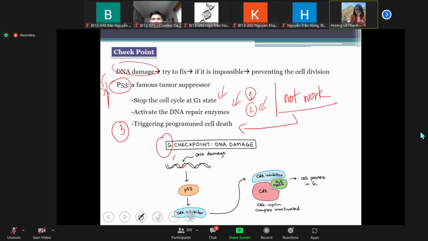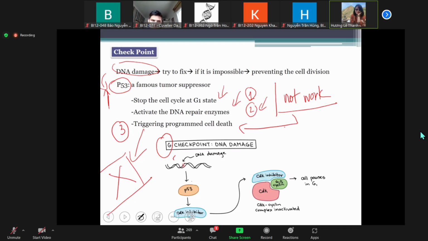This means the cell containing the DNA damage no more exists. They will die. The cell with the damaged DNA must suicide. They must kill themselves. This is the role of P53.